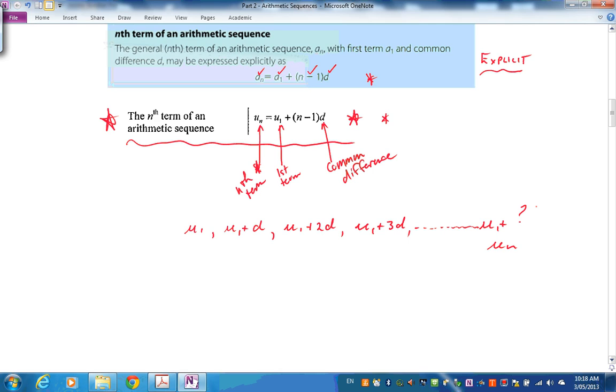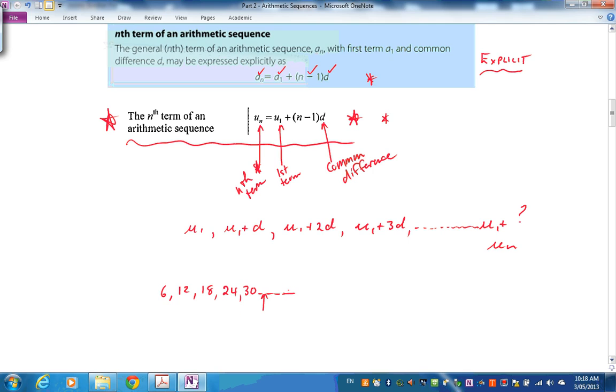Well, we discussed this with an actual example before. Do you remember it? We played with 6, 12, 18, 24, 30, and predicted what this term would be by adding on our common difference and by making up a formula.